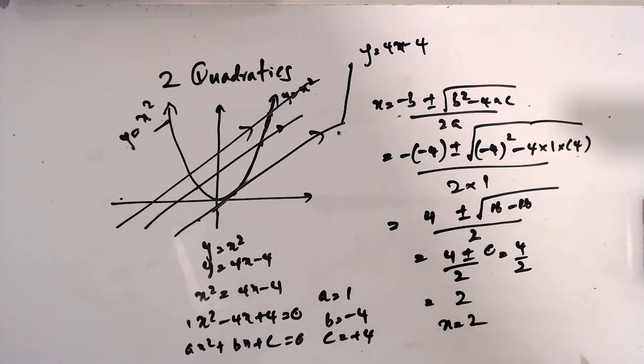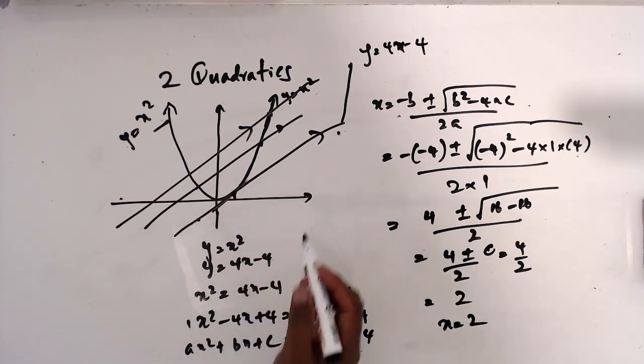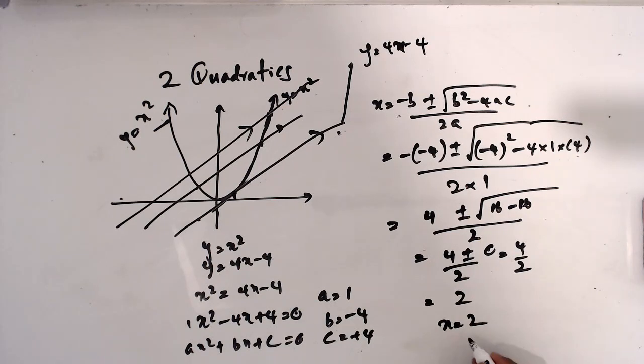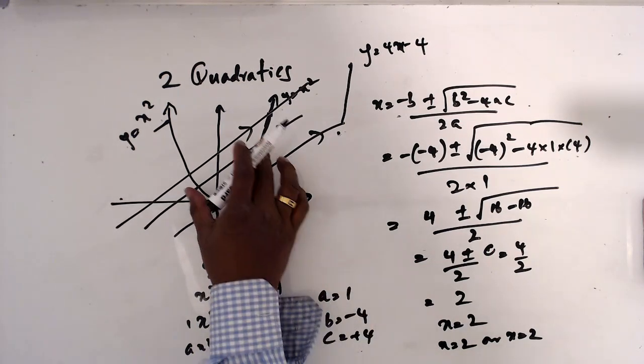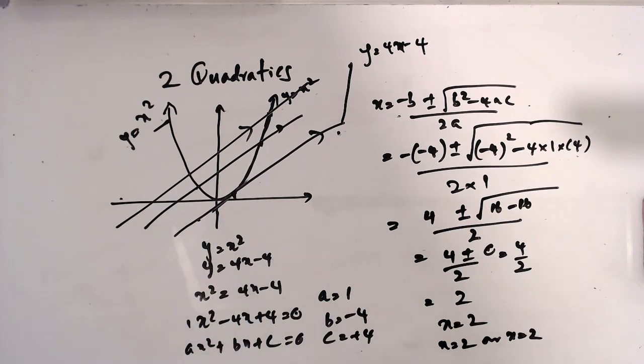The x value is 2. So we have to answer x equals 2 or x equals 2, because this is a quadratic equation. We are expecting two solutions, and in this particular case those two solutions coincide.